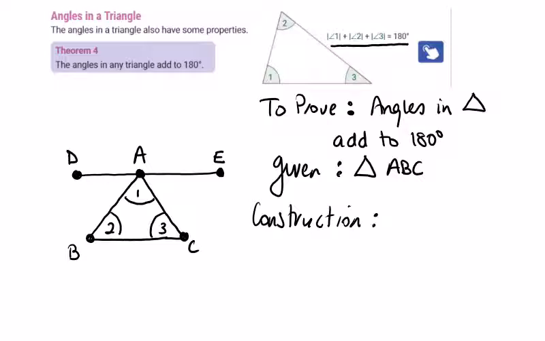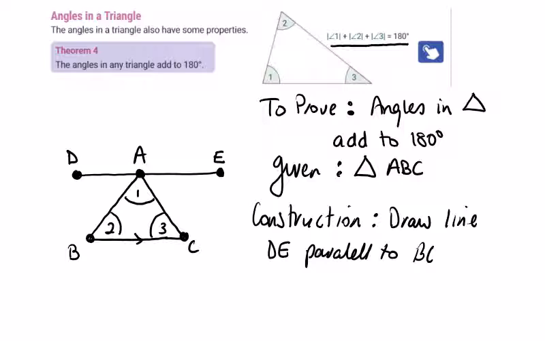So construction: draw line DE parallel to BC, and I'm going to label this now. That's parallel to that. So now you can see we have alternate angles. We could bring in corresponding angles if we needed to, but I'm going to label this number 4 and this number 5.